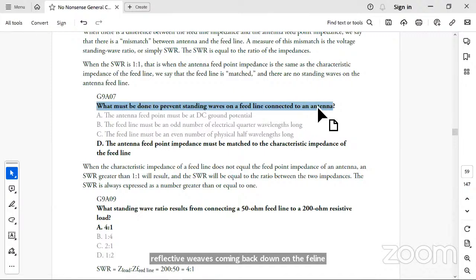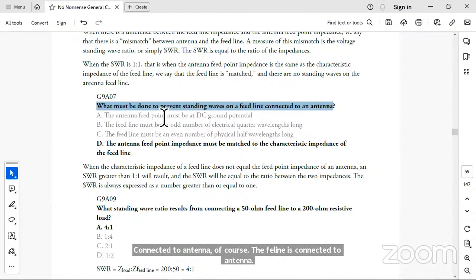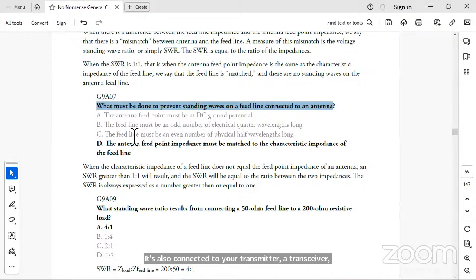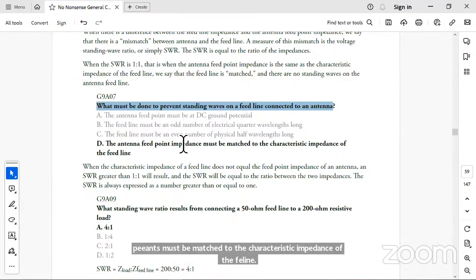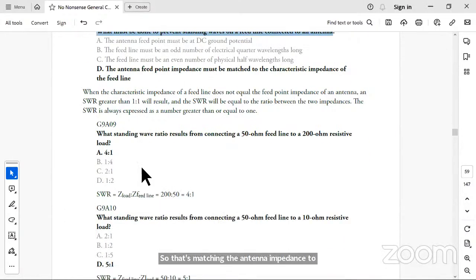It's also connected to your transmitter, your transceiver, right? But what must be done to prevent them? So to do that, remember we say hams are matchmakers. That's what we must do. The antenna feed point impedance must be matched to the characteristic impedance of the feed line. So that's matching the antenna impedance to the transmission line impedance. Hams are matchmakers.